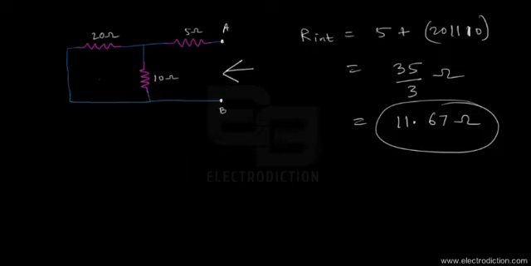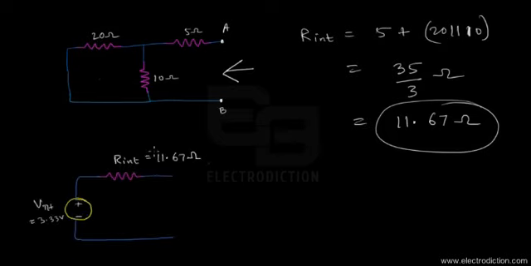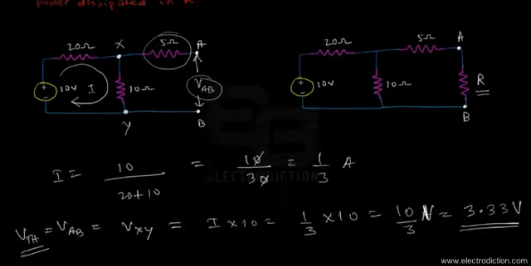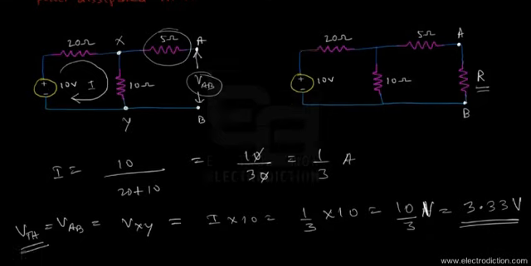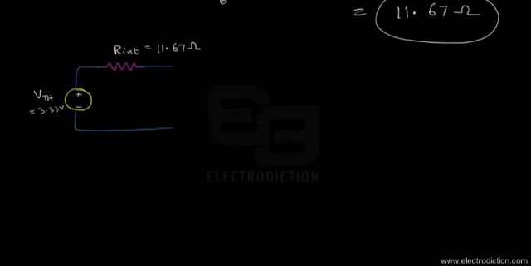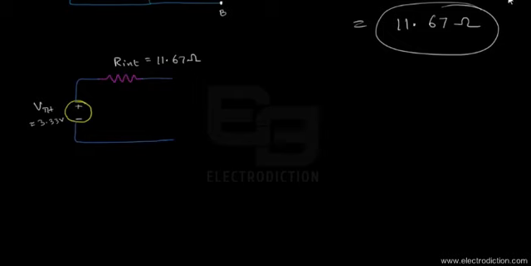Now if we go forward and make the Thevenin network over here, that's our reduced Thevenin's equivalent network for the left part of the circuit. And now if we connect the resistance R right over here to the left part of the circuit, the reduced Thevenin's network should look something like this, as you can see over here.